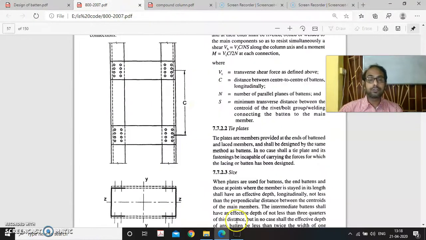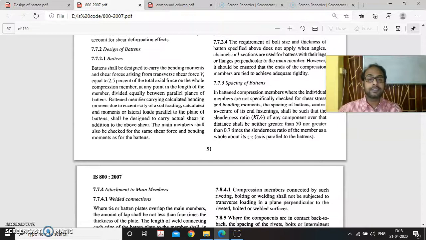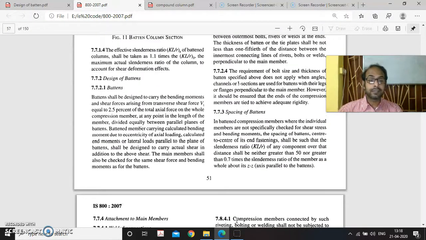So let us go to the clause. Clause refers here, KL by r of any compound over the distance shall be neither greater than 50 nor greater than 0.7 times the slenderness ratio of the member as a whole about the z-axis.